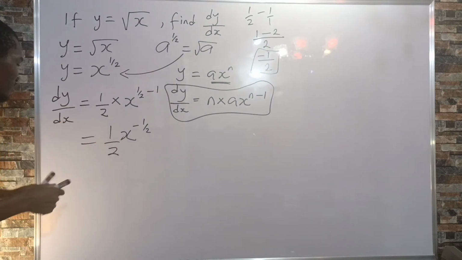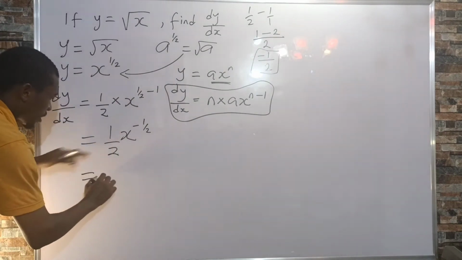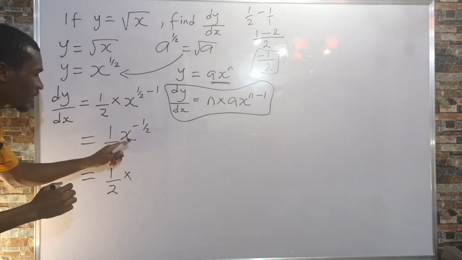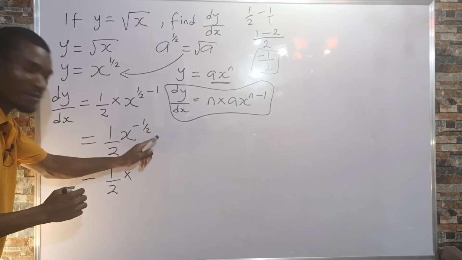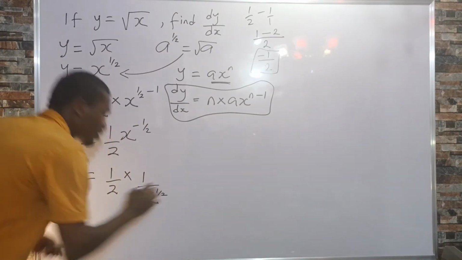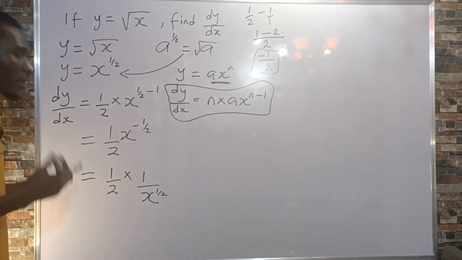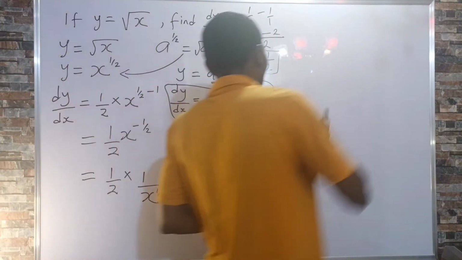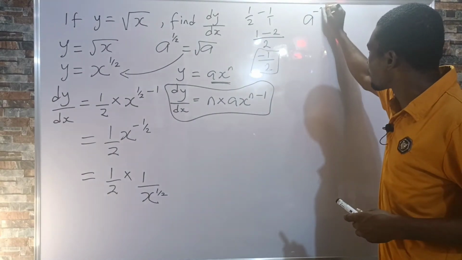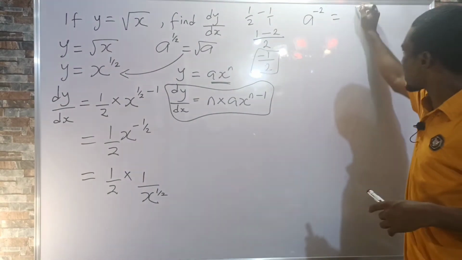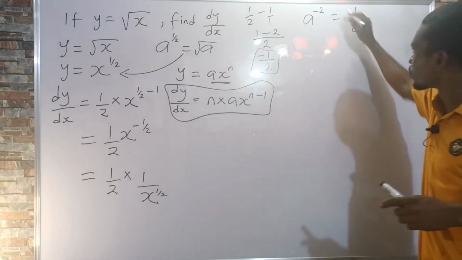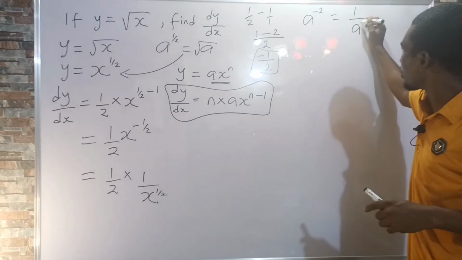This is equal to half multiplied by, I can still put x raised to the power of negative half as 1 over x raised to the power of positive half. Remember the law of indices that says that whenever you have a given base raised to a negative power, it simply means taking the reciprocal of that given base raised to the positive value of that power.